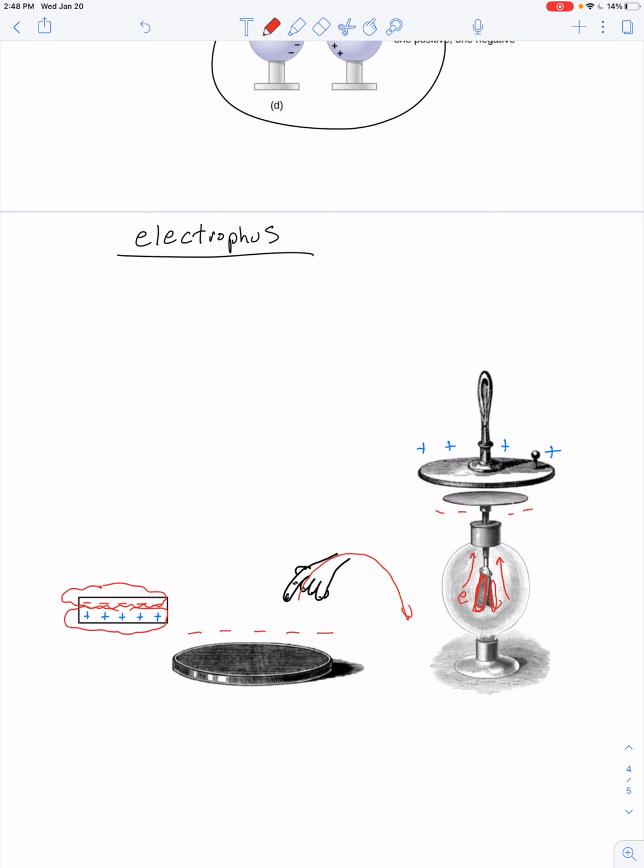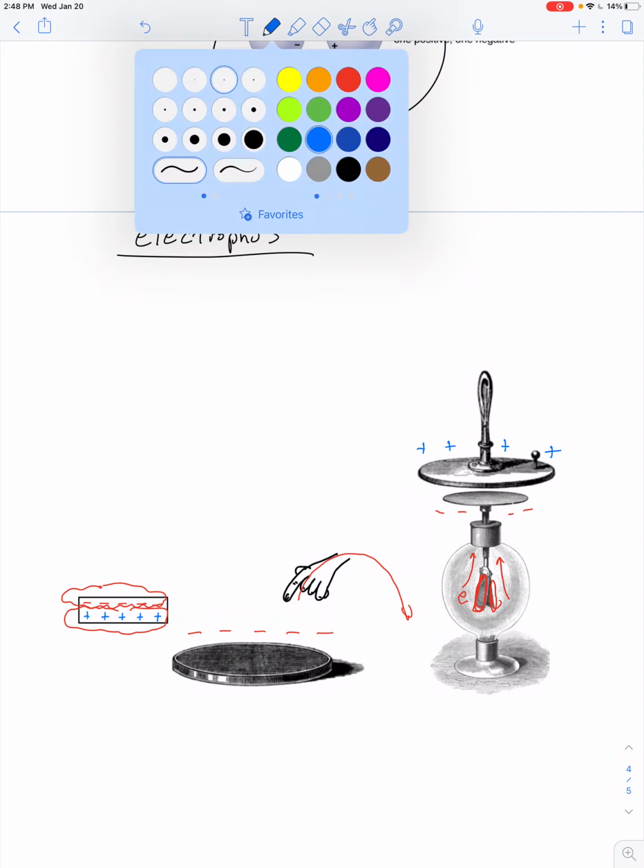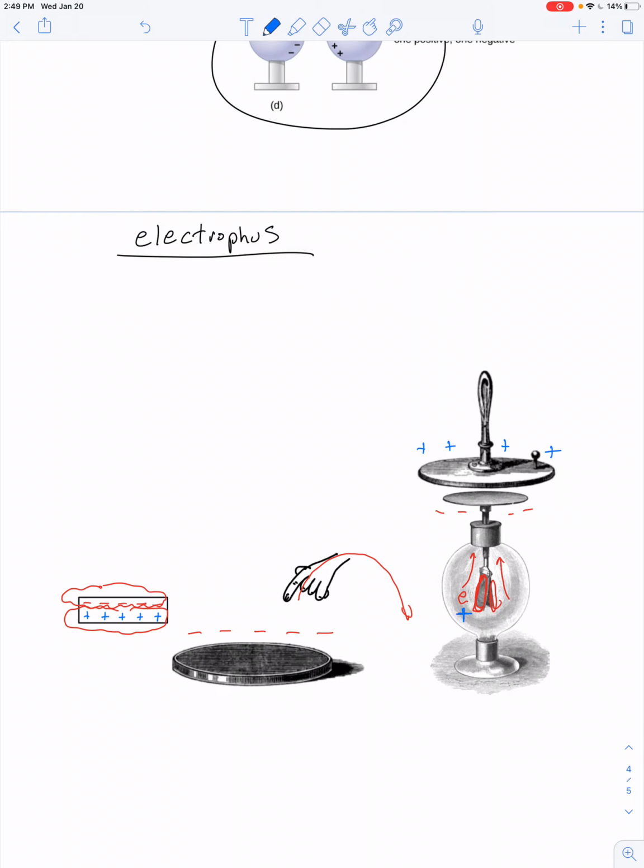Electrons come to the top, leaving you with positive charge in both of the gold leaves, and then the two positive charged leaves repel one another and spread apart, and so you can identify that there is indeed a charge by induction that resulted on the metal plate of the electrophorus.